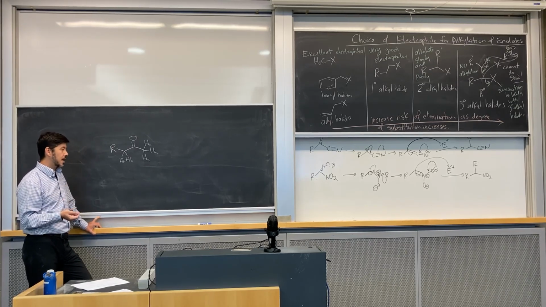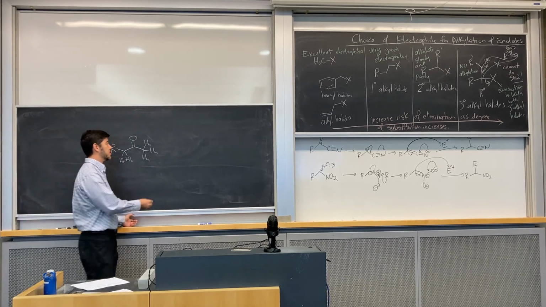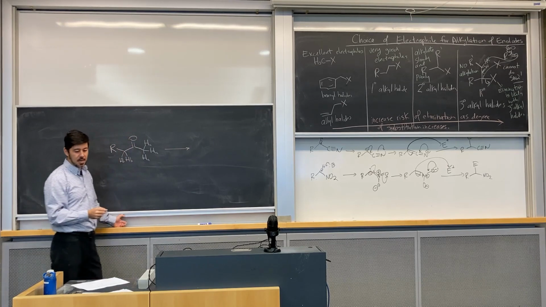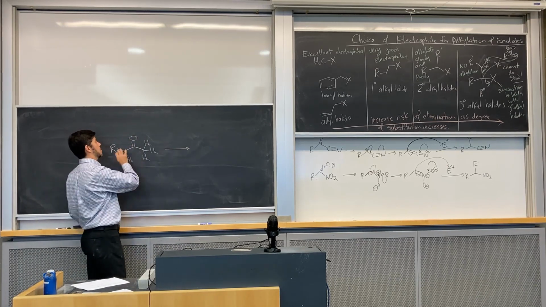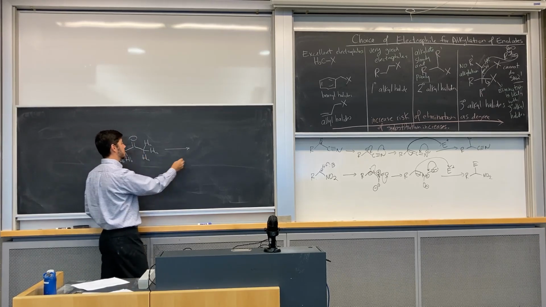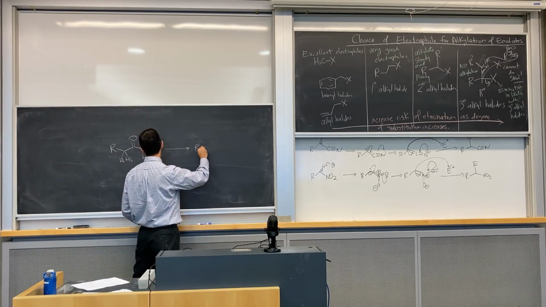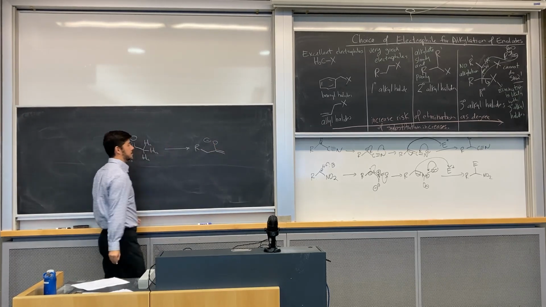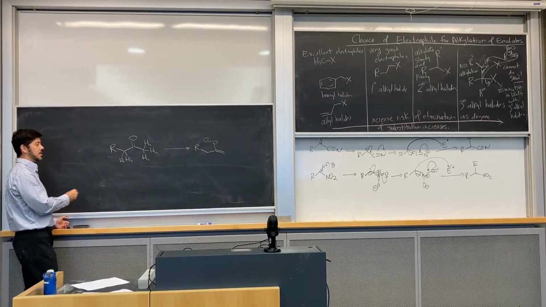So let's take a look at these two different structures and try to understand if we can make one versus the other. Let's take a look at these HA protons, and this is what our enolate will look like. That's one potential enolate.